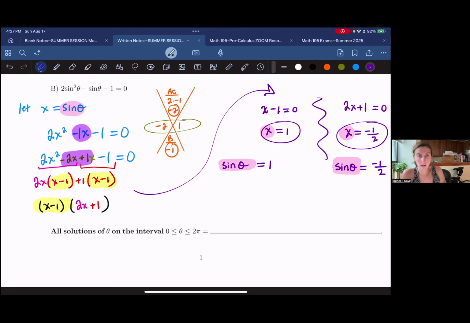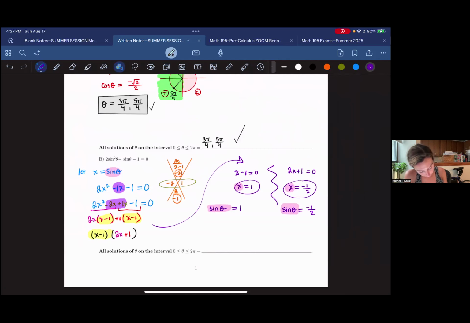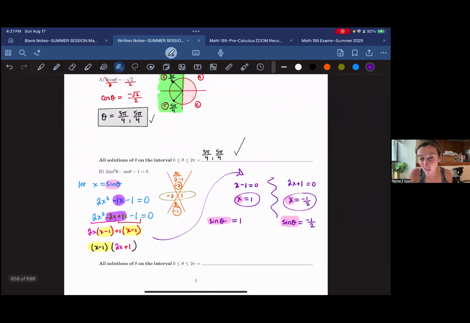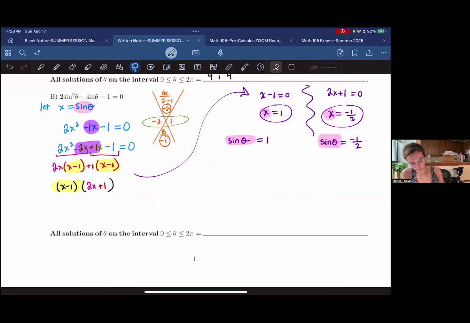We just want to find all of our potential solutions. I'm going to, maybe I'll shrink this a little bit so we have just a little bit more space. Okay, much better. So I'm going to go ahead and draw out our little unit circle off to the side here.